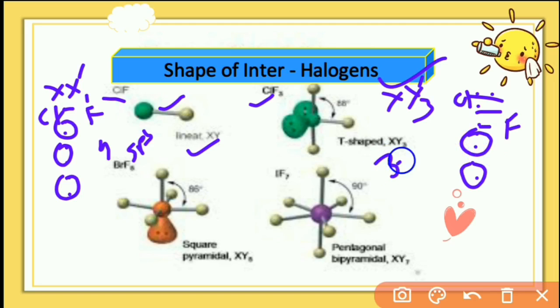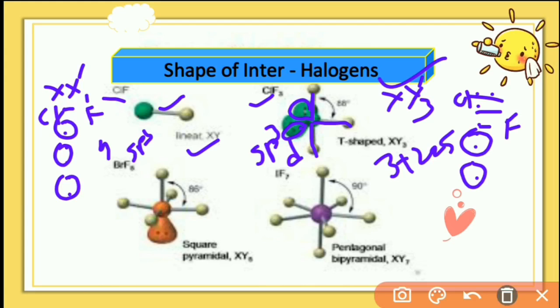So 3 plus 2 we get 5. 5 means sp3d hybridization. Due to the presence of 2 lone pairs, its geometry is distorted from trigonal bipyramidal and forms a T shape because of the presence of 2 lone pairs. Its shape is T shape.